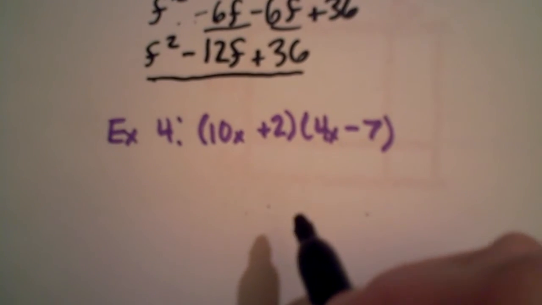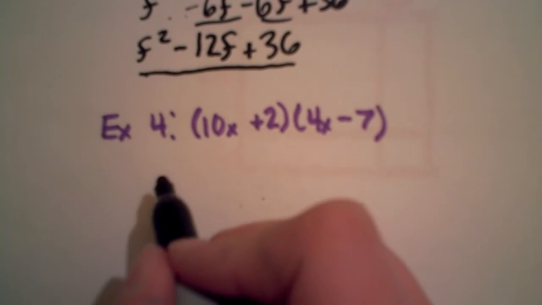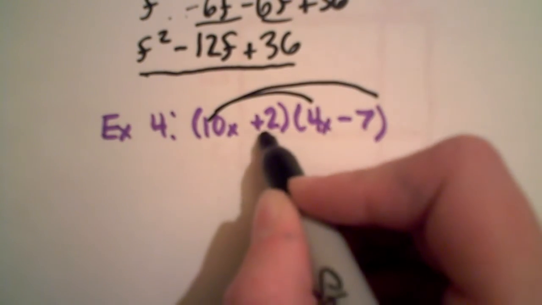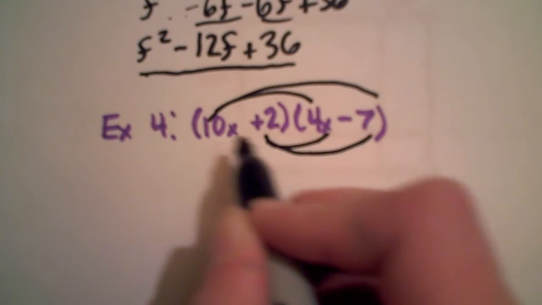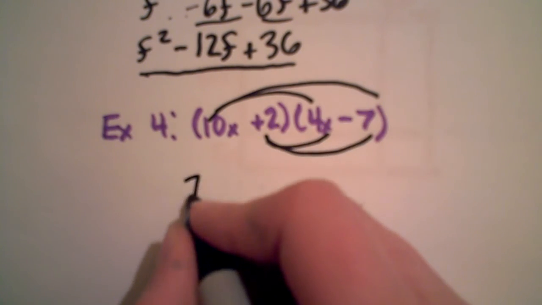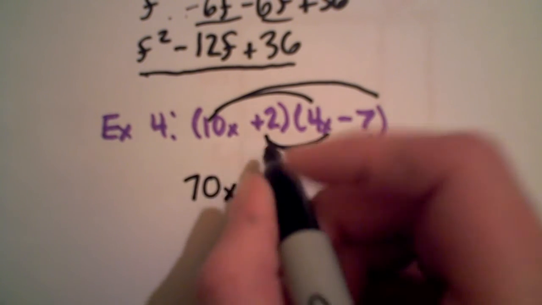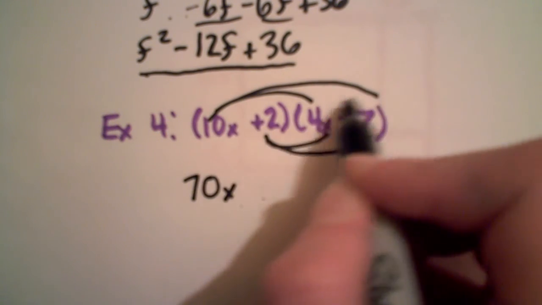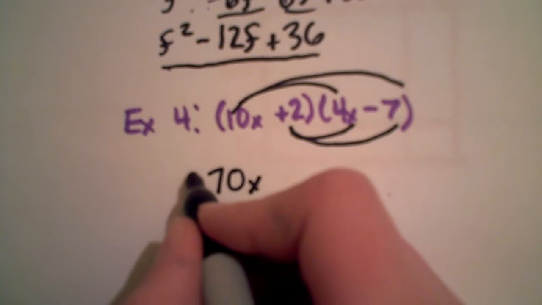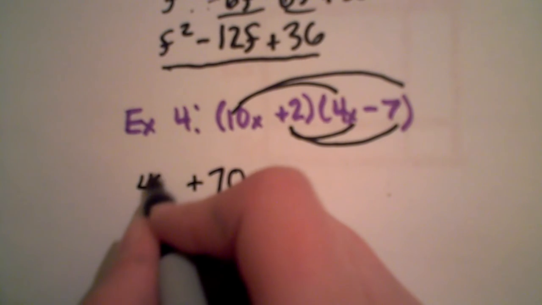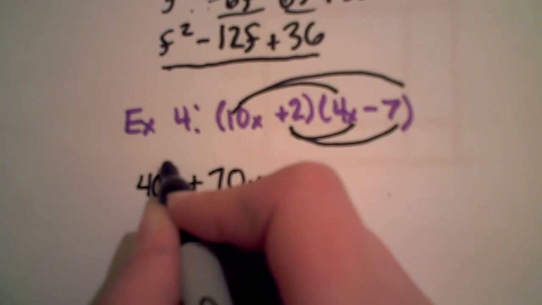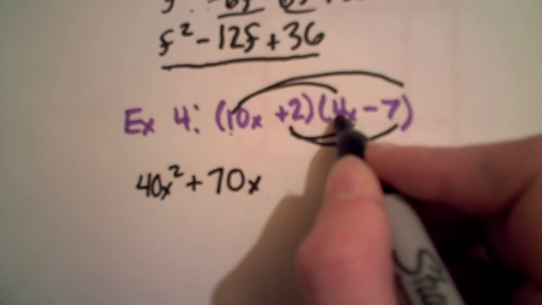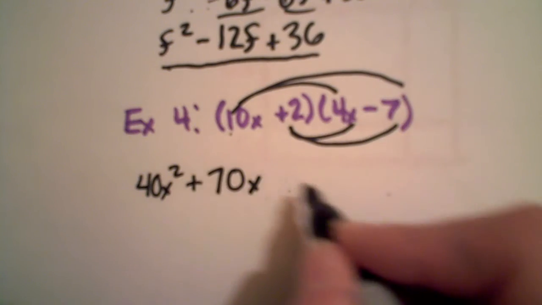Example 4. This is just the same sort of stuff, just a little more complex. So first, outer, inner, last. So 70x, that'll be the outer term, wow, plus 40x squared, because we have a 10x times 4x, and that's an x times an x, which is x squared.